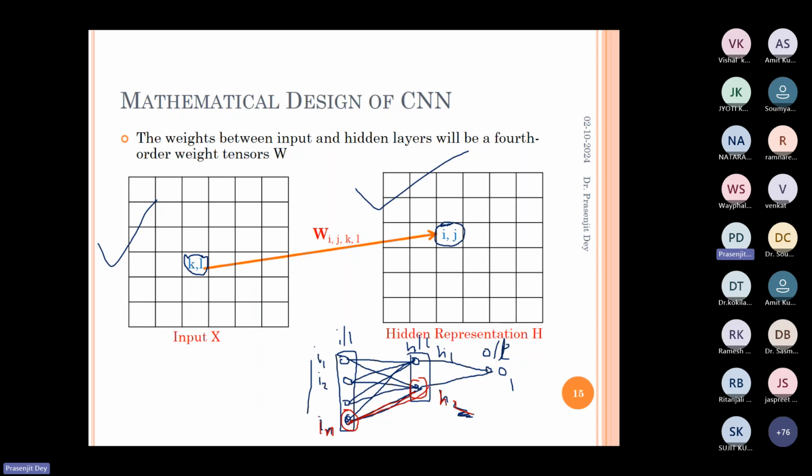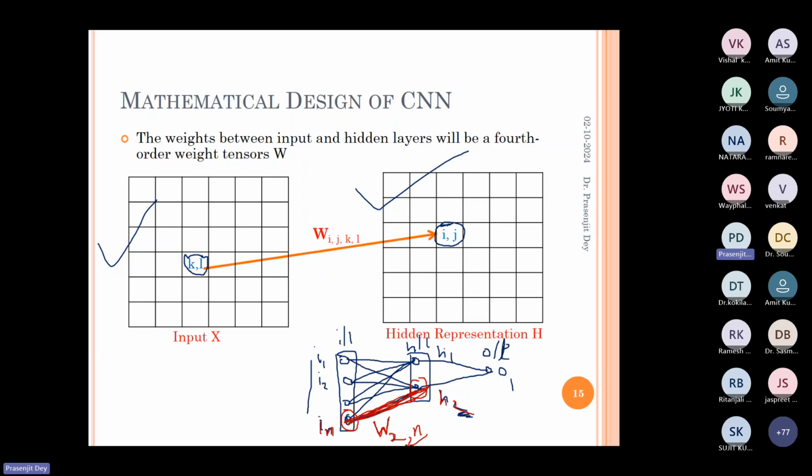This weight, which connects this input node and the hidden node, will be indexed by 2, the index of the hidden node, comma N. So W is the link weight between hidden node 2 and input node N.